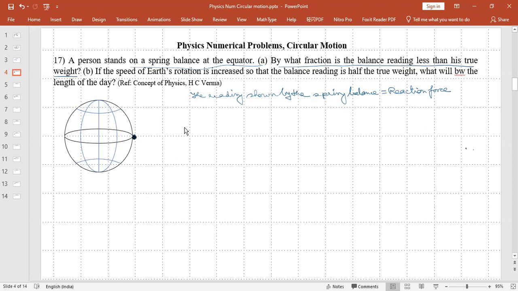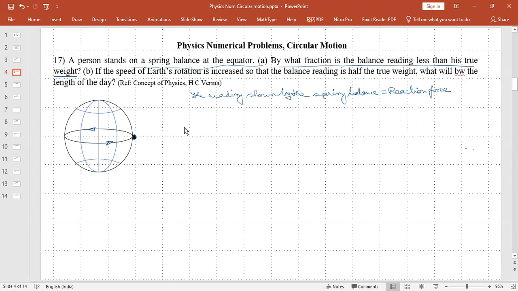Right? Now, we know some equations you have to always remember. We know that due to the rotation of the earth, anybody standing on the earth, or any object on the earth, needs a centripetal force.